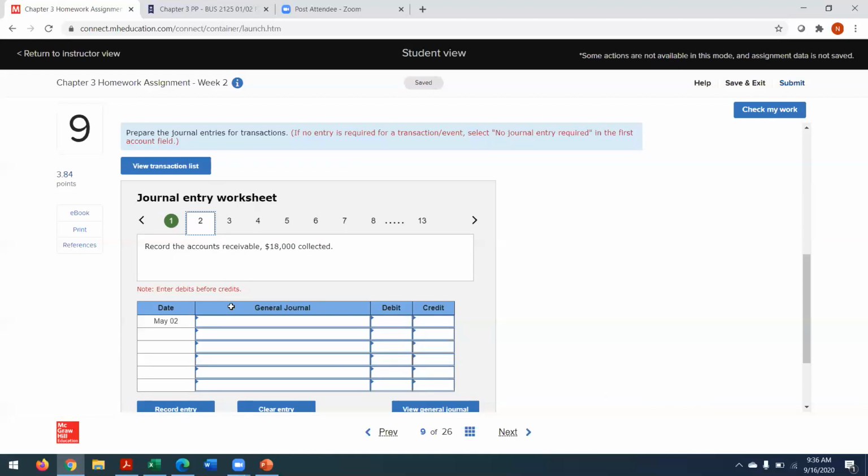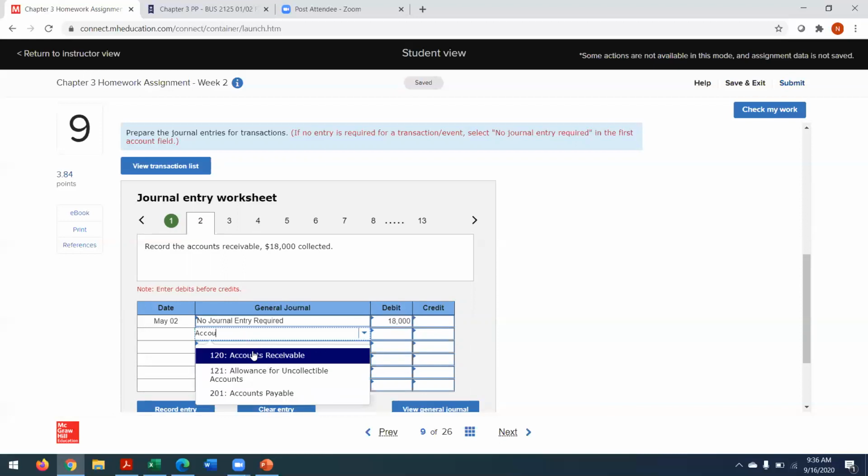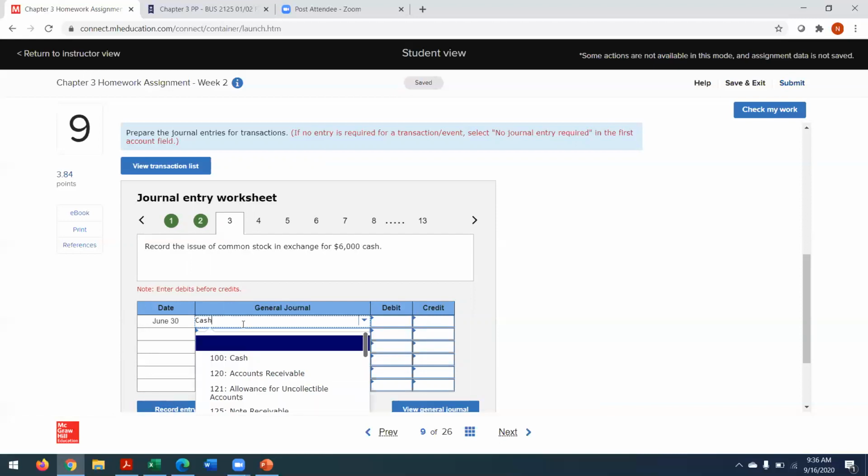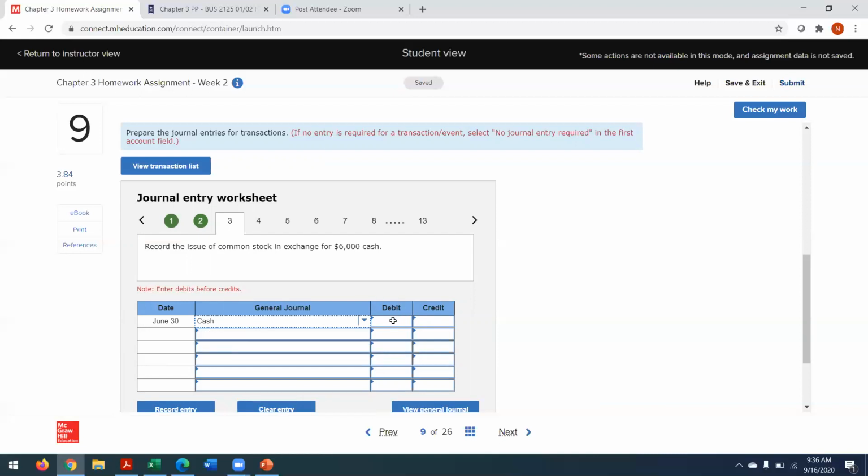Yeah. Then record the accounts receivable collected, cash, 18. Accounts receivable, 18. Then issue common stock in exchange for cash, cash, 6.